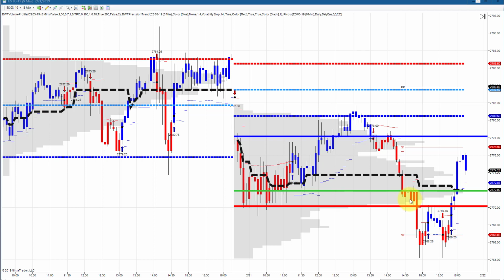So you can see that most of the volume from today took place in this 27.74 to 72 area, this 72 area being today's point of control. The solid green line is today's point of control, today's value area low, and today's value area high.